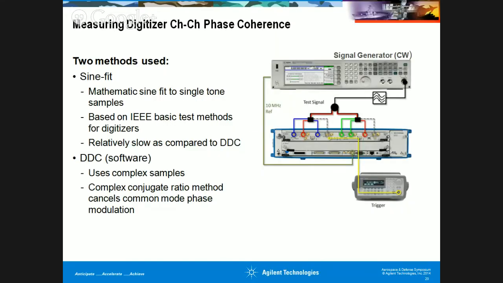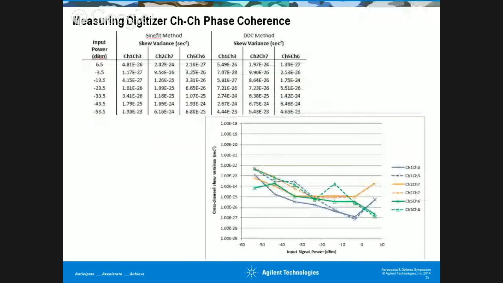This particular system shows you a multi-channel receiver being fed by a signal generator and then being triggered by a function generator. Now let us see what values we are going to get after calibration. When we are feeding an input power of 6.5 dBm from channel 1 to channel 3, I am getting around this much variance. These are the variance values for the sine fit method and for the DDC method.